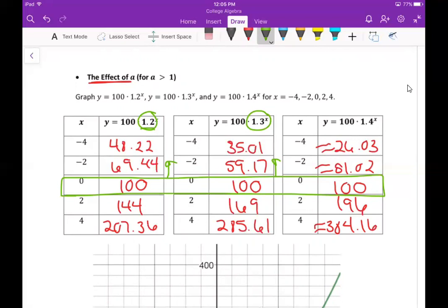Sorry, I was confusing if 51 was greater than 59 there for a second. Yes, absolutely, this one's decaying faster, right? As you move into -4, this one's 48. This one went down further to 35, and this one went down even further to 26. So they're decaying faster as that A gets larger, and it's also growing faster as A gets larger.